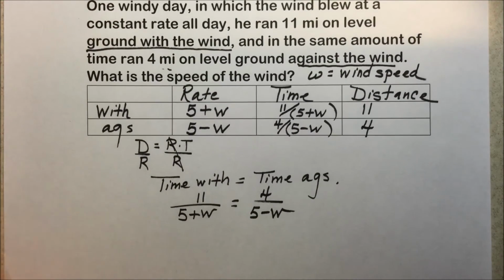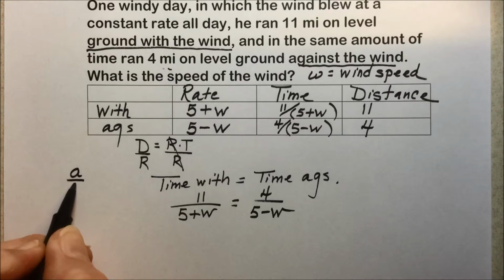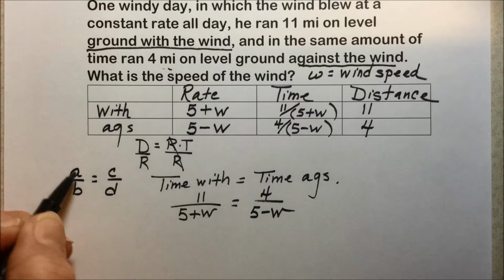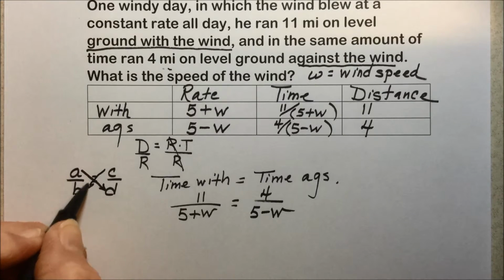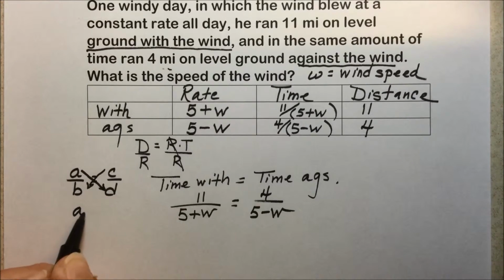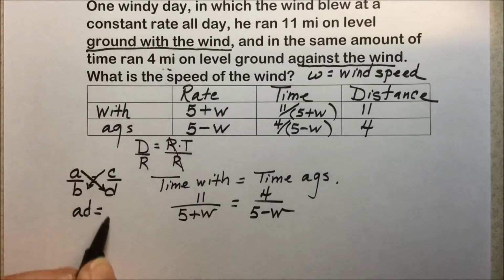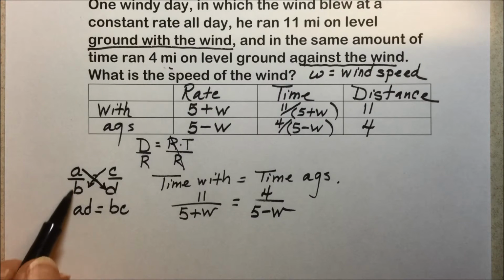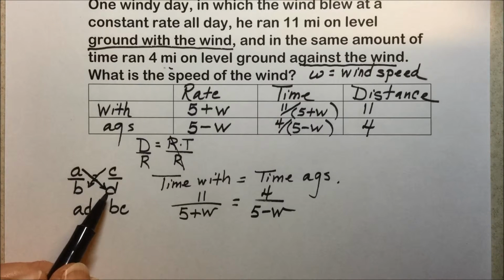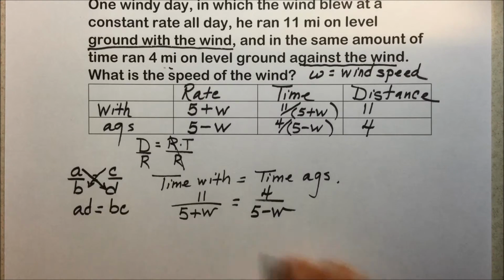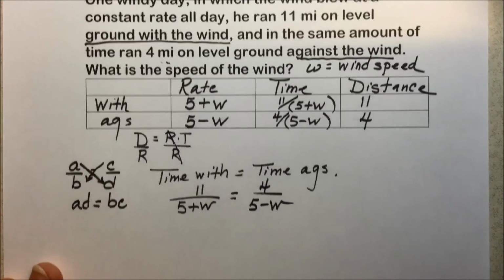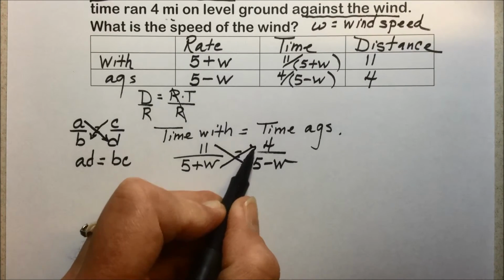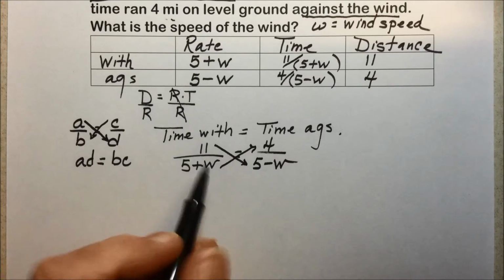Cross multiplication says that the product of the extremes equals the product of the means. This only works when we have a rational number equal to a rational number. If there was something else added on here, we would have to multiply by our least common denominator. But just as an alternative, and perhaps a shortcut, we'll use the cross multiplication option.